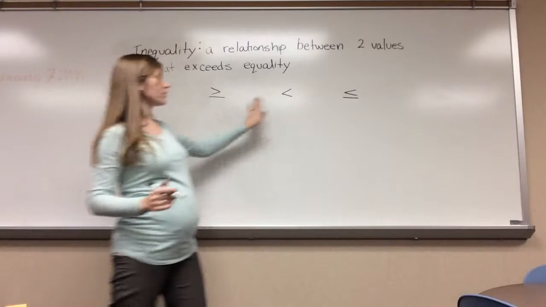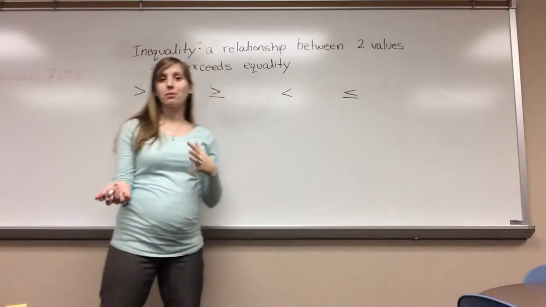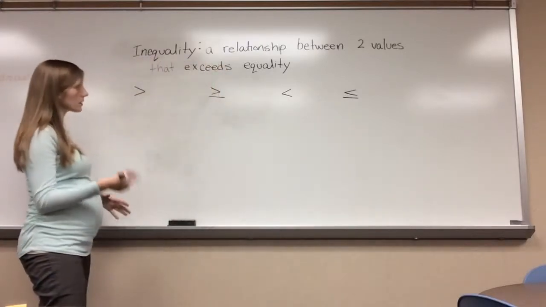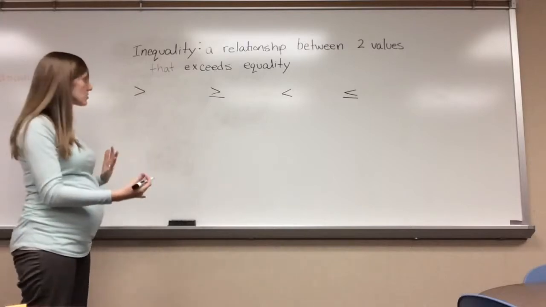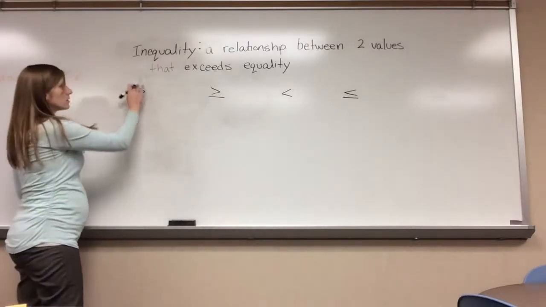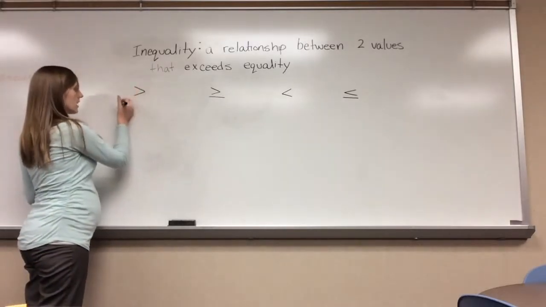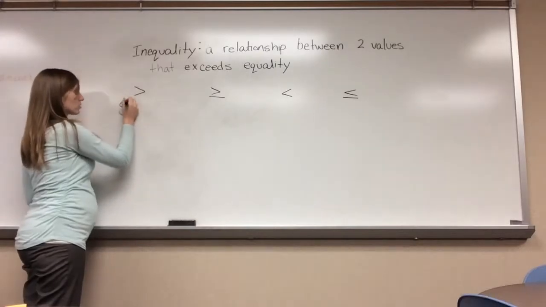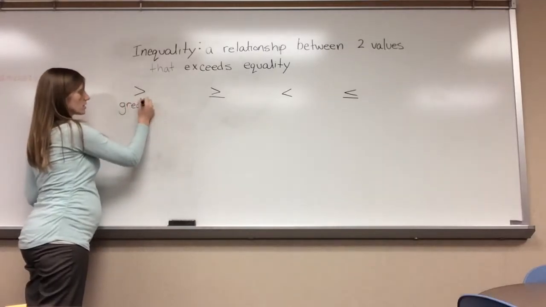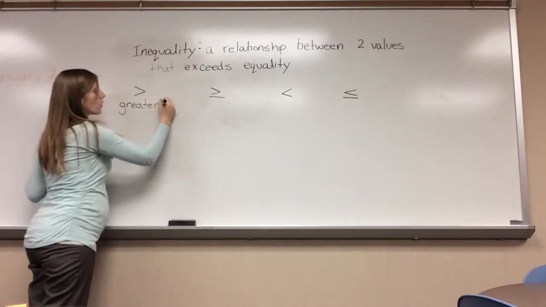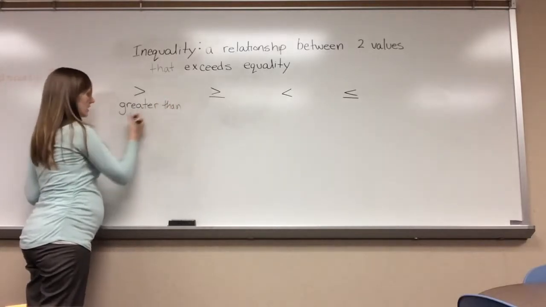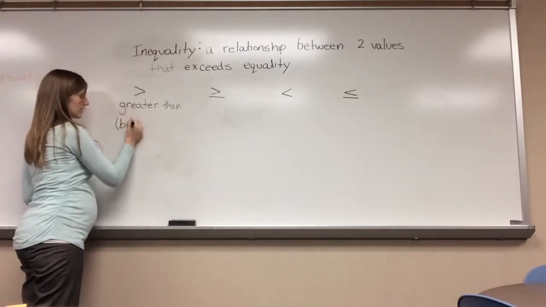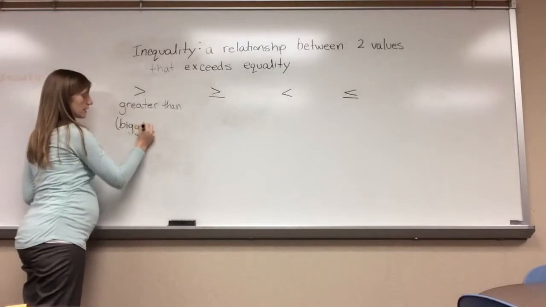Now I've got four different symbols up here, and many of you have probably already seen them before, but let's make sure that we remember which one's which. This symbol that opens up to the left is called greater than. Another way of thinking about it is bigger. This is the bigger symbol.